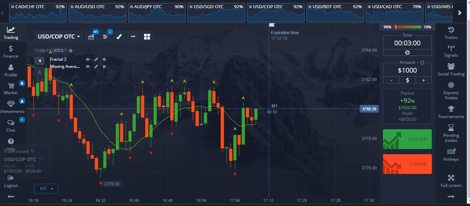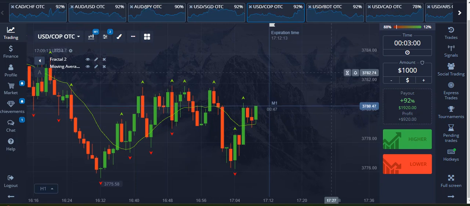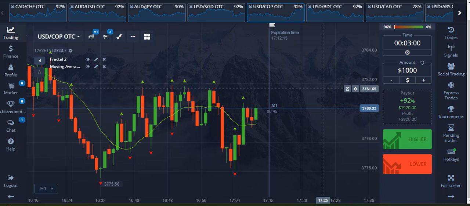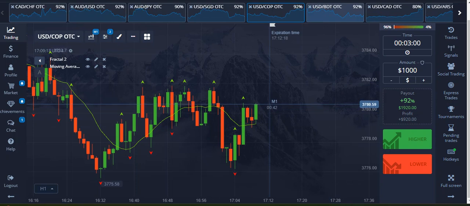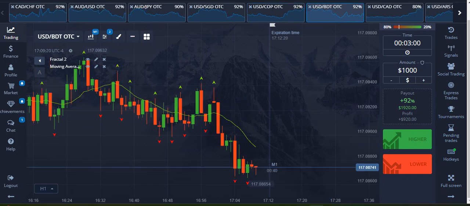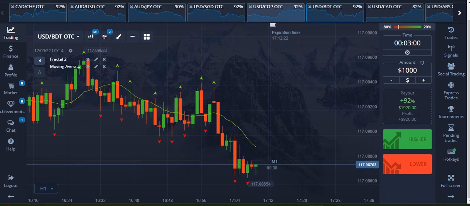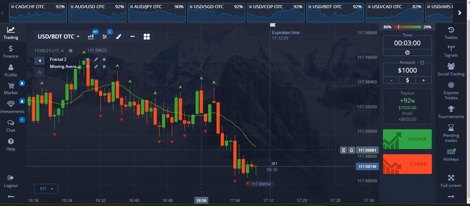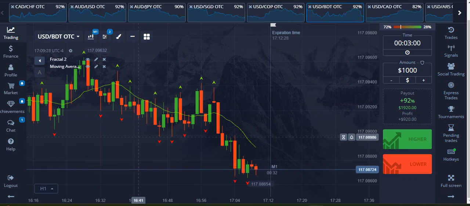Okay, so that trade won. Okay, so we won that trade. And so let's go around and look for another setup. I just caught that just in time as the fractal was formed. Here, this particular currency pair is sort of trending downwards, so we want to avoid it.